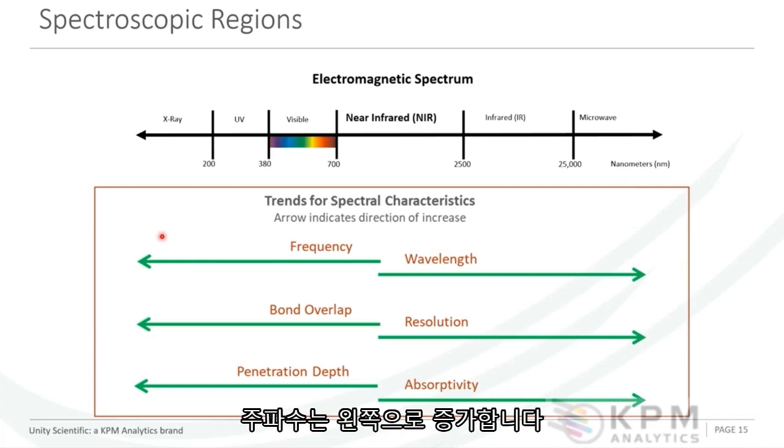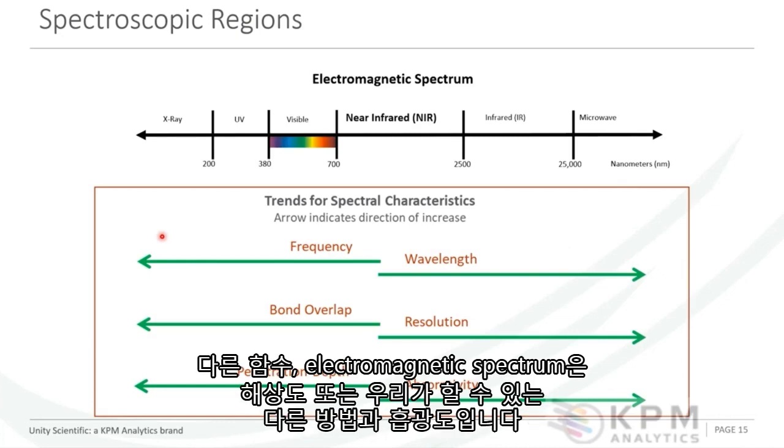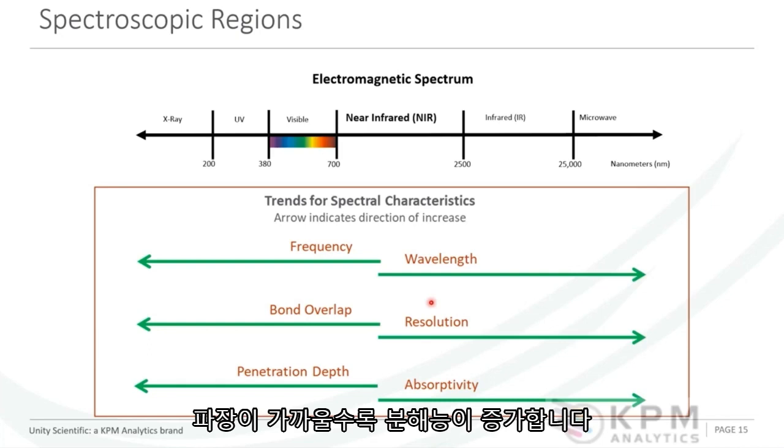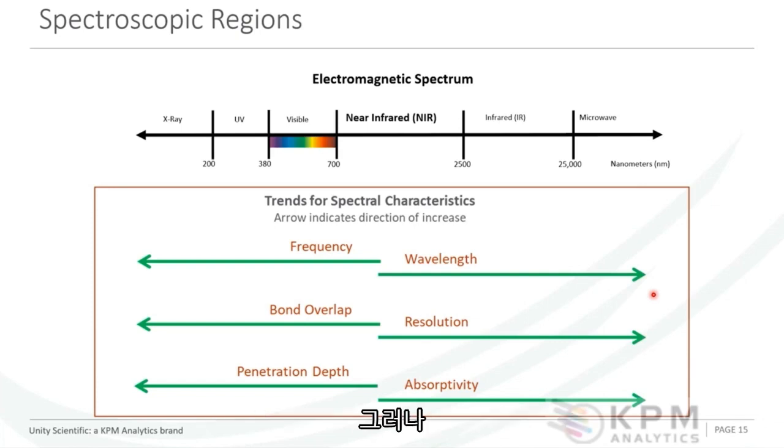Okay. Another function of the electromagnetic spectrum is resolution, or the sharpness, or the differentiation we can make among these different peaks and absorbances. Resolution increases as the wavelength goes up, to the right.